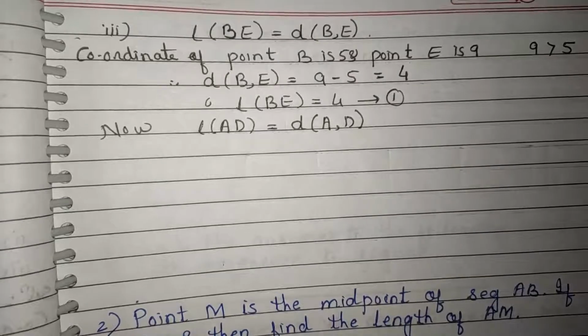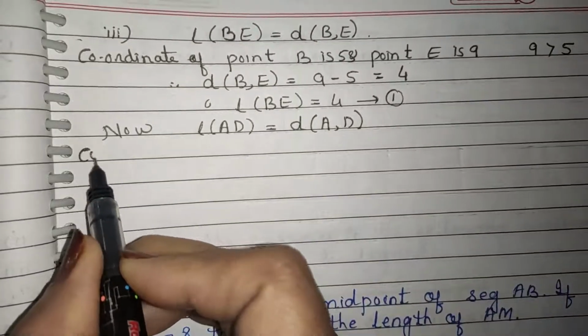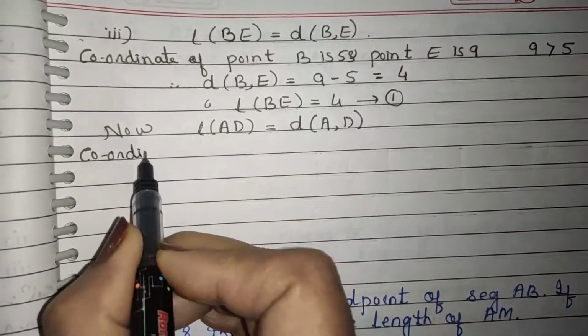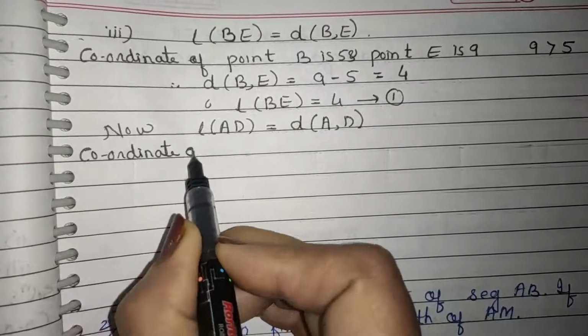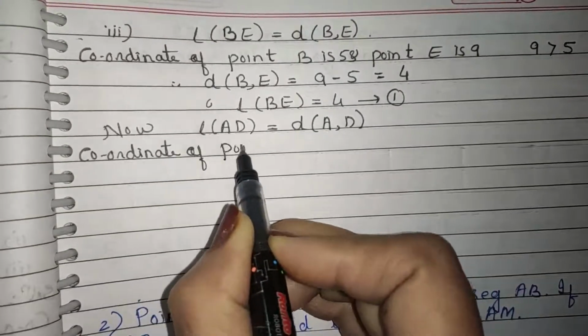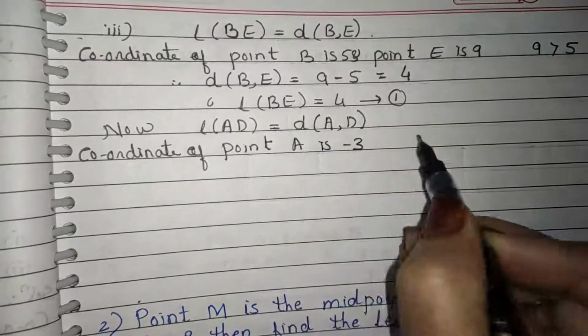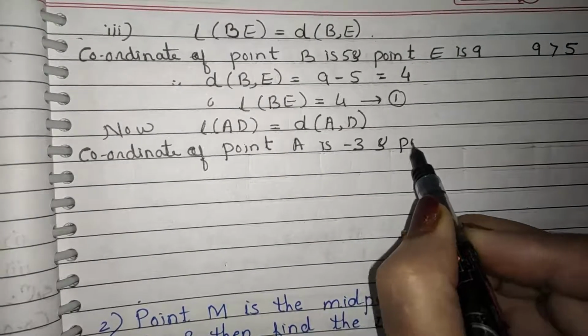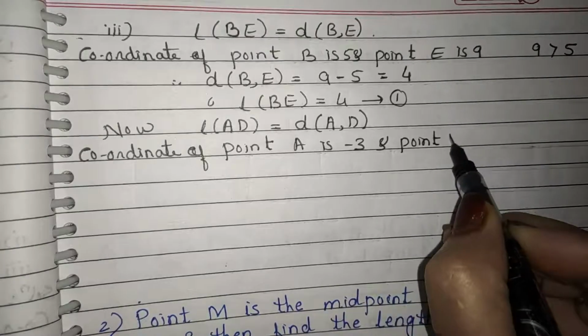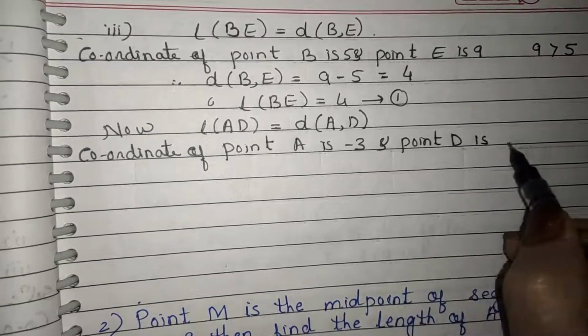Write down here. Coordinate of point A is -3 and the coordinate of point D is -7.